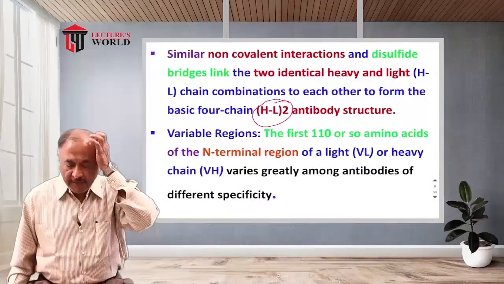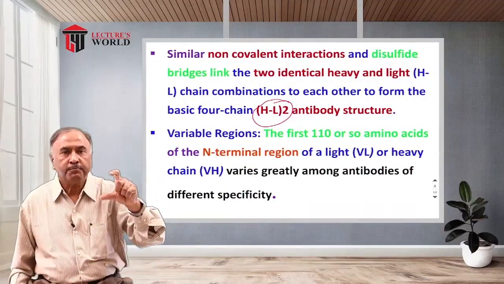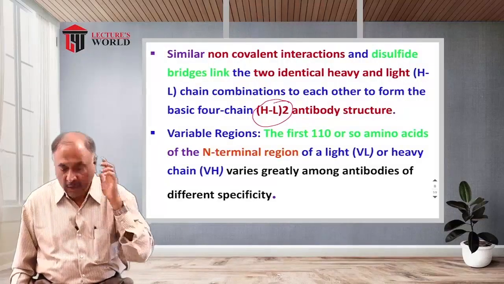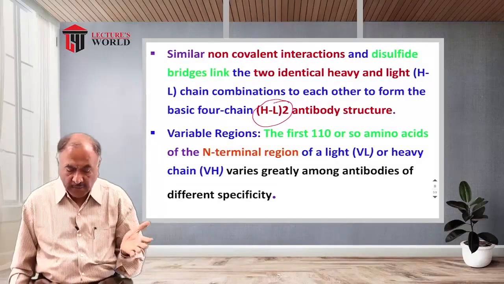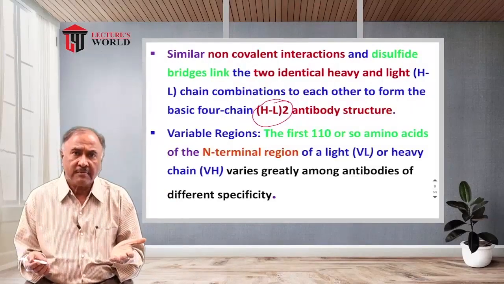So variable region is at the top of the arms, and normally it is approximately 110 to 120 amino acids long at the N-terminal region. We will have to define what top means.